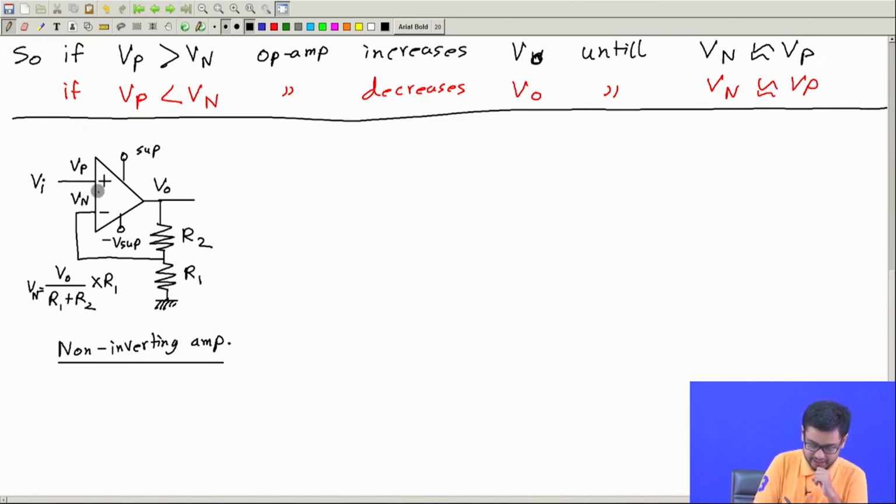So instead of connecting this to plus, I connect it to minus, and here I connect it to plus. So then I should also call this Vn and this Vp. This circuit is no longer a non-inverting amplifier. This is called a Schmitt trigger.